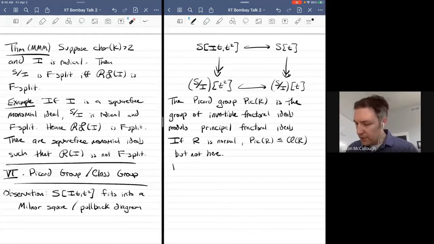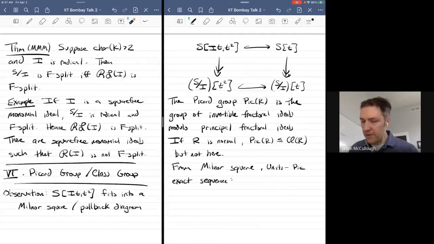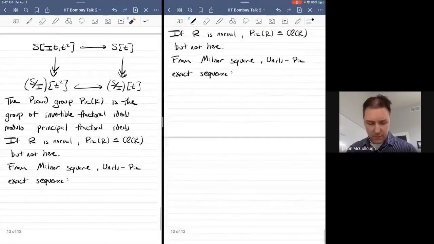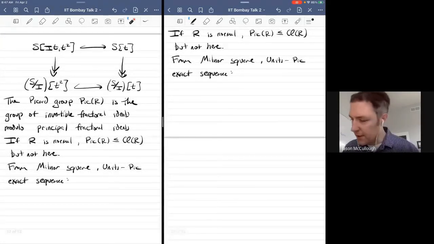And so from the Milnor square, there is a standard units-Pic exact sequence, which makes it very easy to compute the Picard group, at least in a lot of cases. So what does the units-Pic sequence look like? It looks something like this. So this is an exact sequence of groups.